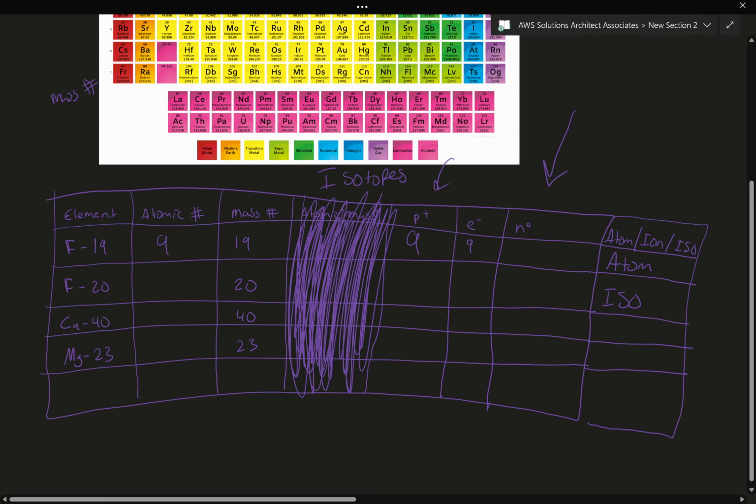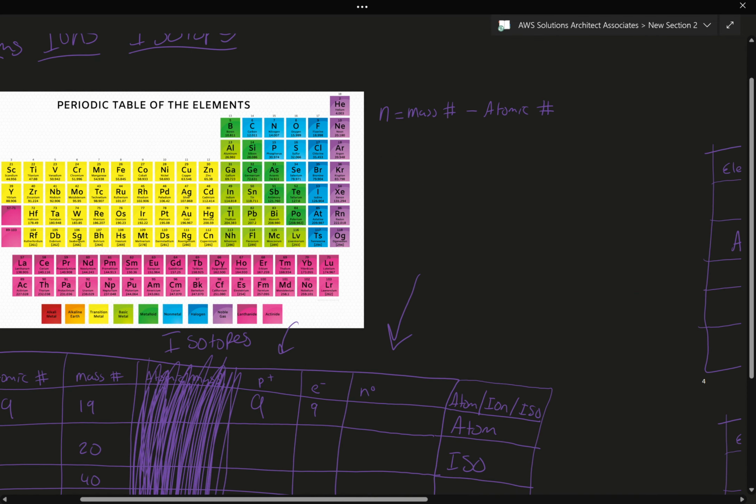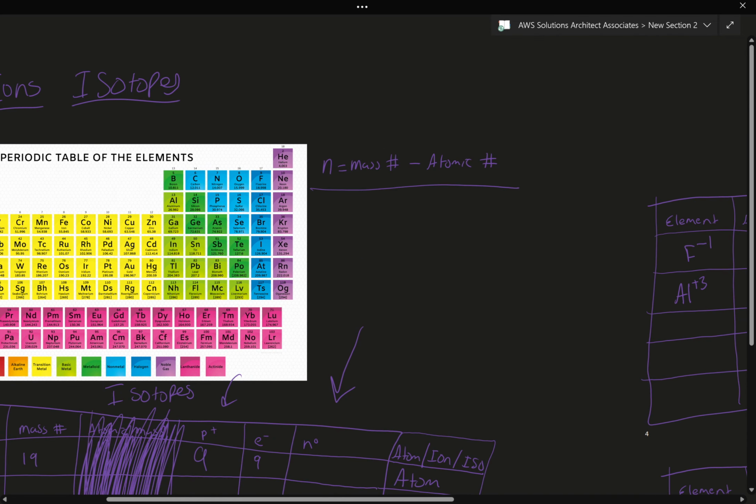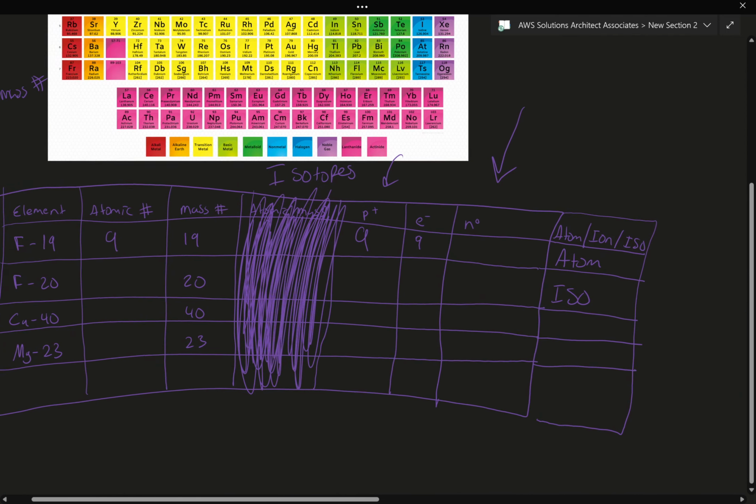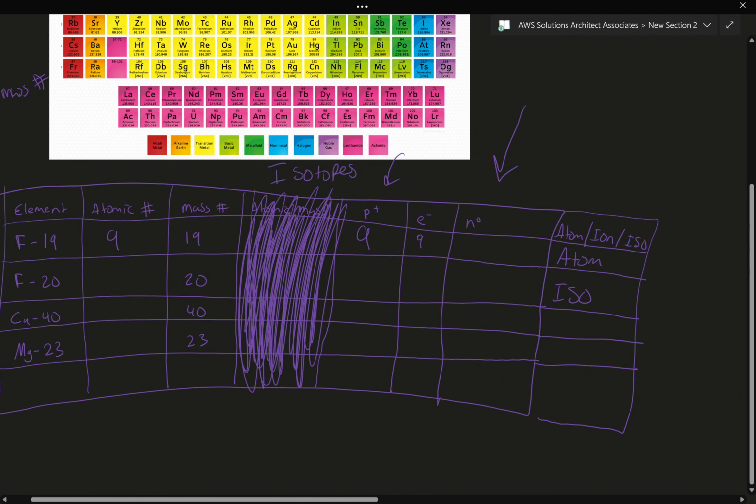Now, to get the number of neutrons, remember we do neutrons equals mass number minus atomic number. The mass number is 19, and we're subtracting our atomic number, which is 9. So 19 minus 9 is 10.